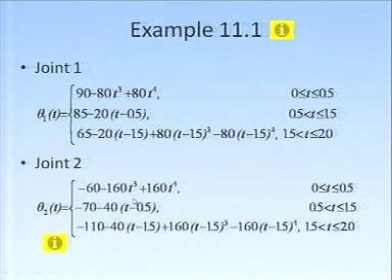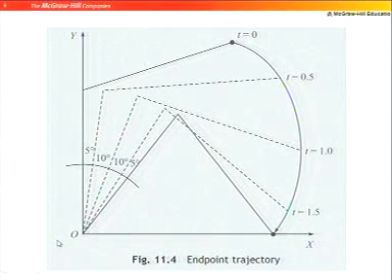Now, you must be interested to know how the motion happens. This is the way the motion happens. It started at t equal to 0, and then at t equal to 0.5 this is the point, at t equal to 1 this is the point, and 1.5 here.